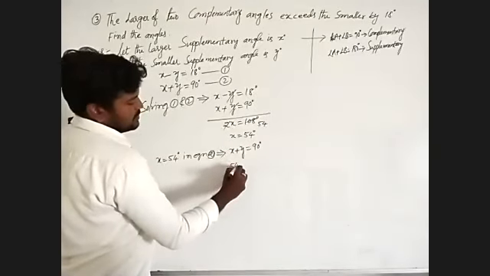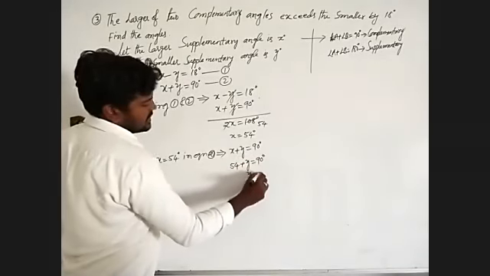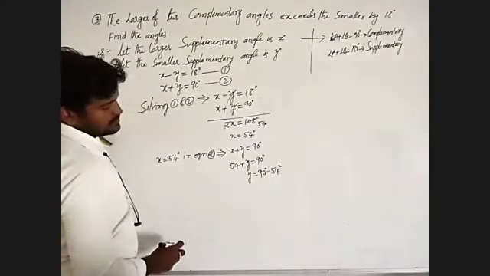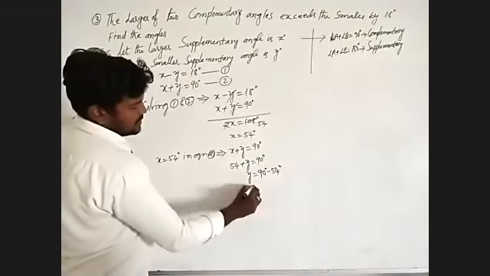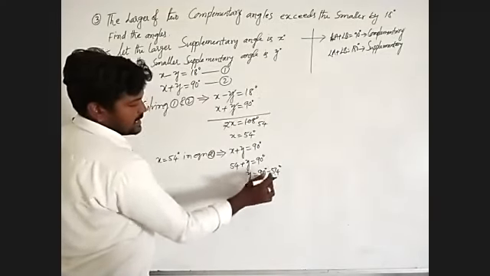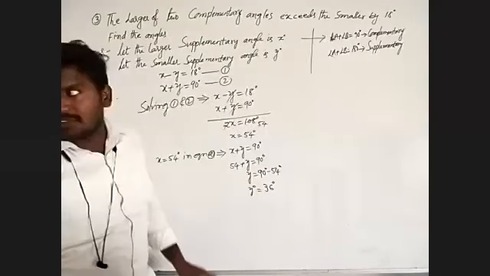After that, 54 plus y will become 90 degrees, where y is equal to 90 degrees minus 54 degrees. That is y is equal to 36 degrees.